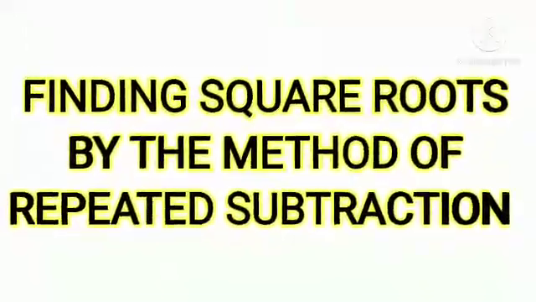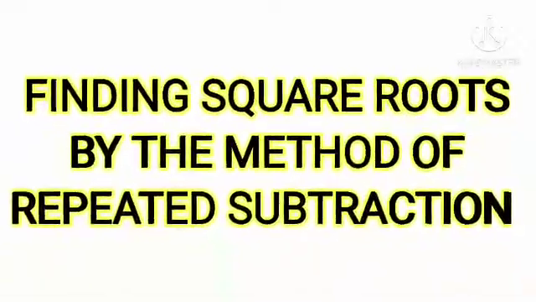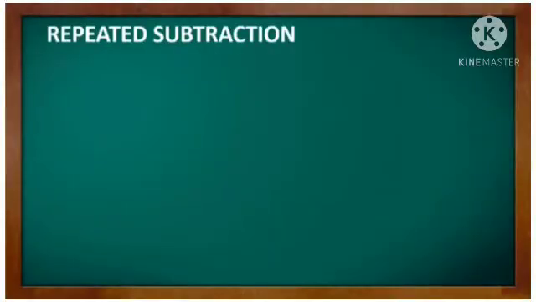Now we are going to a new method of finding square roots of a given number, that is called the repeated subtraction method. What do you mean by repeated subtraction? It is a method in which we subtract successively odd numbers from a given number.